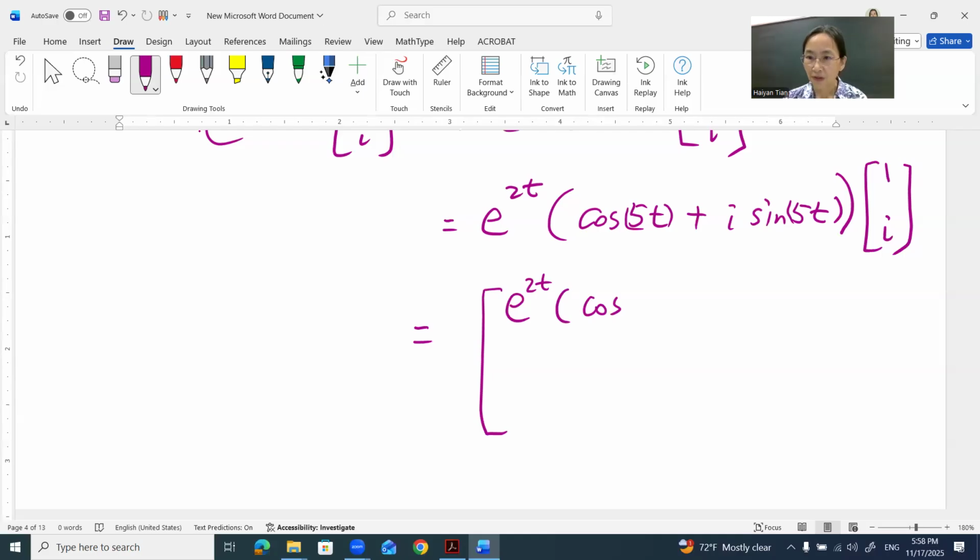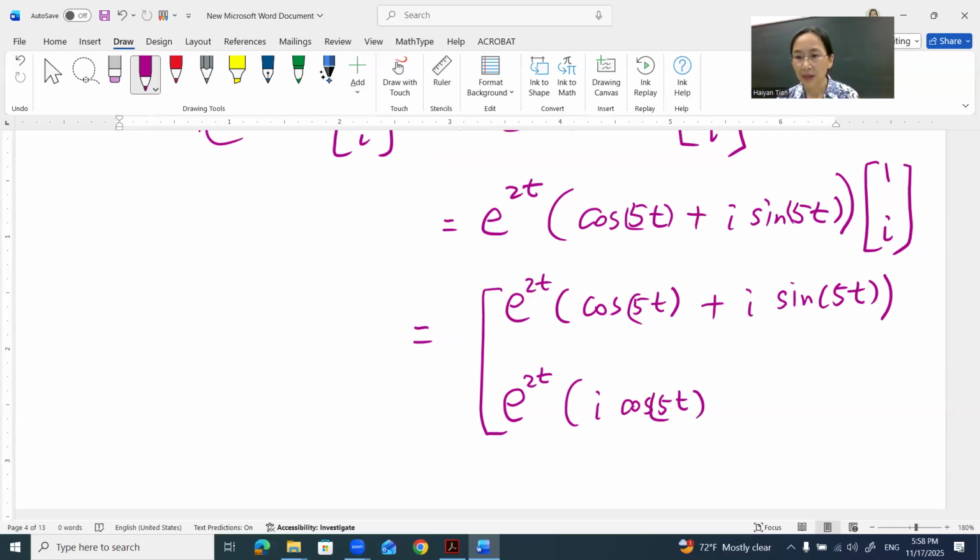cosine 5t plus I sine 5t, because 1 times this quantity. And then I times this quantity. So we still have e to the 2t. So that is I cosine 5t.